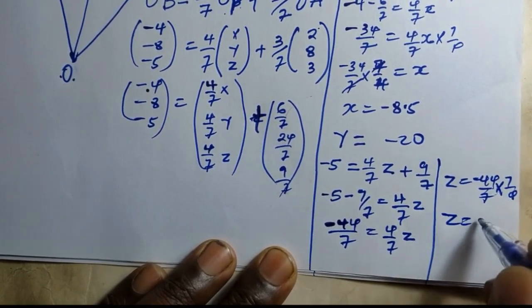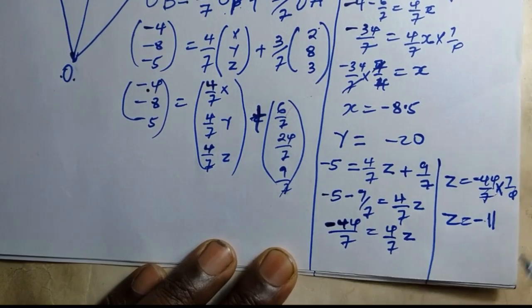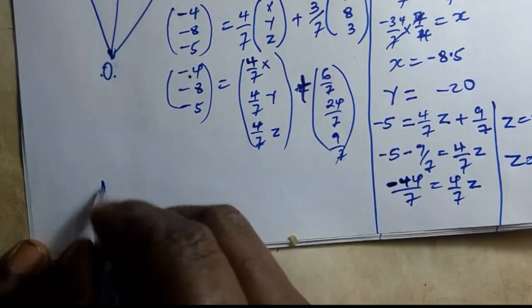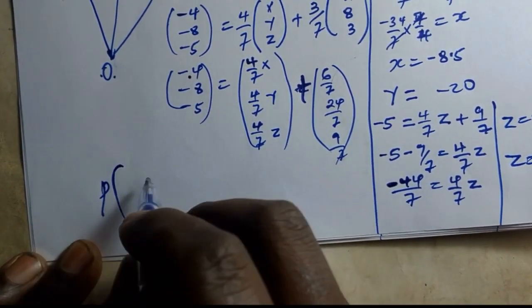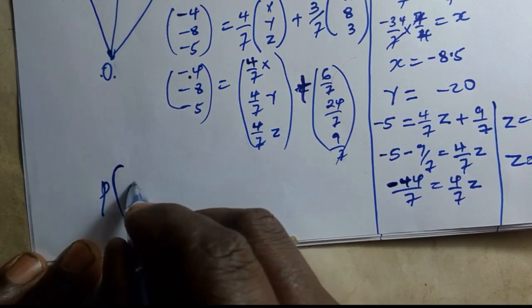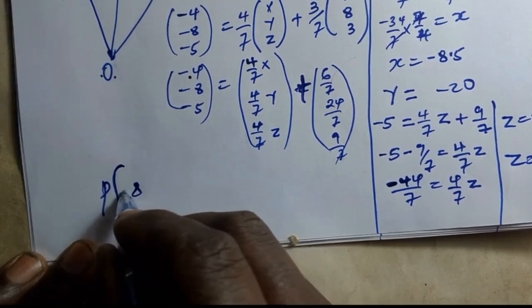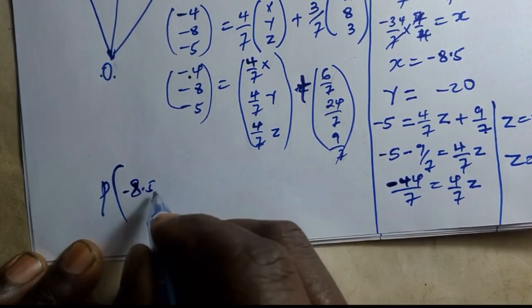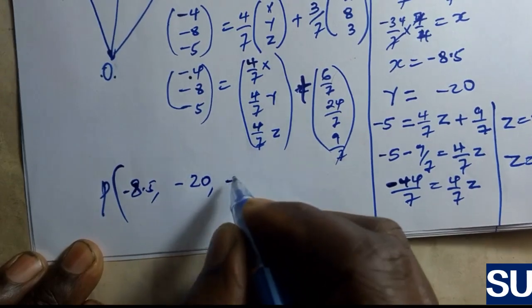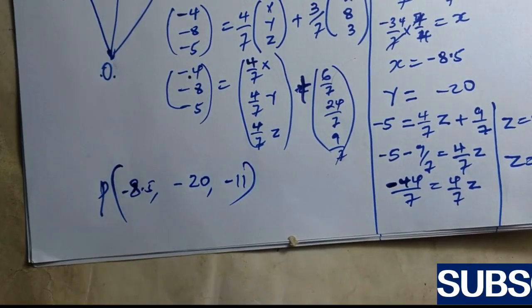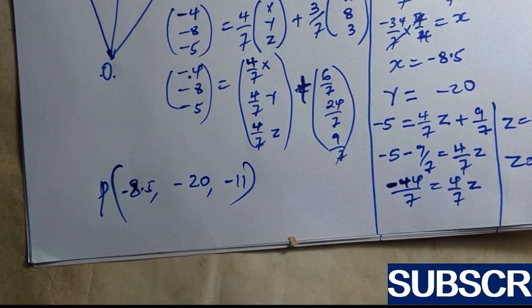Utapata z ni negative 11. So utapata kwamba P itakuwa ni 8.5, minus 8.5, negative 20, negative 11. That is the coordinate of P.